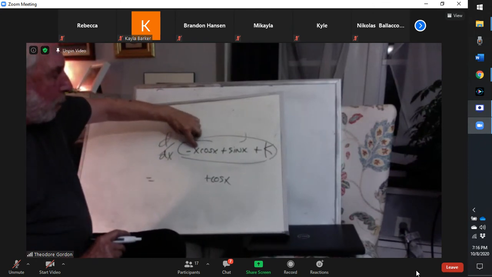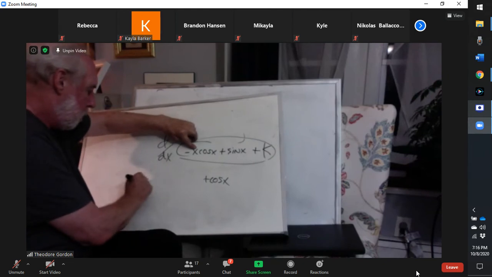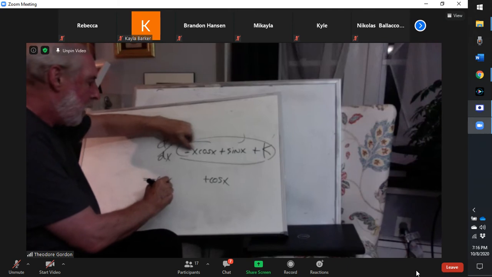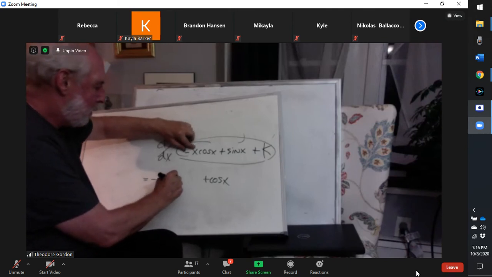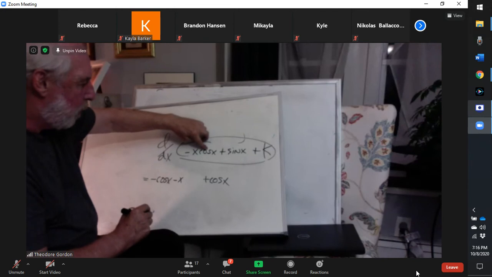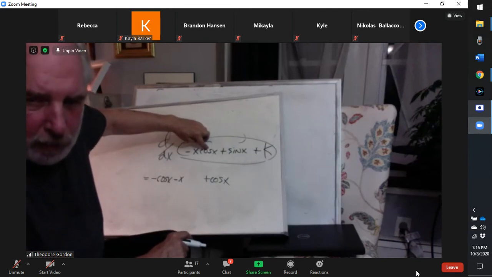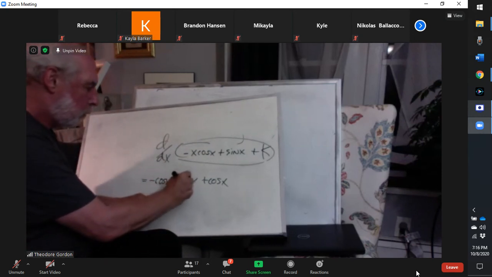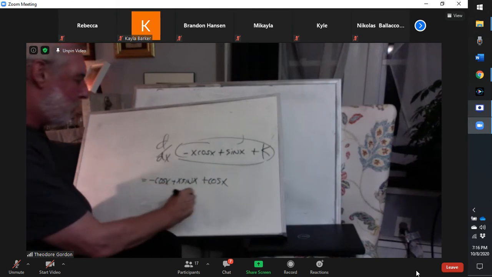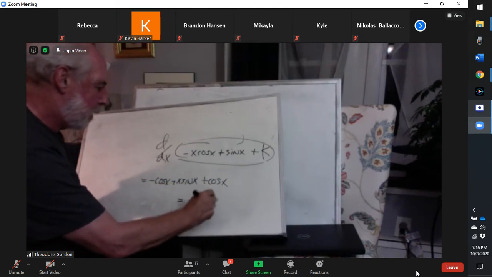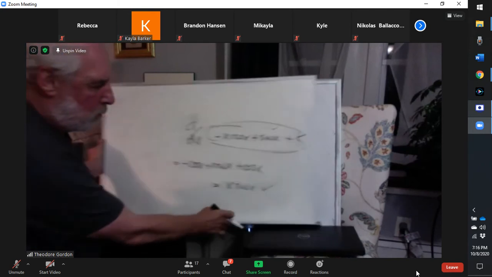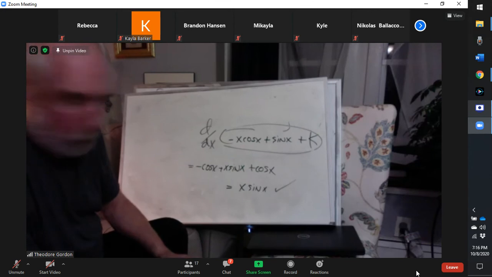So the derivative of x is 1. That leaves me with negative cosine x. And then we get negative x times the derivative of cosine. And the derivative of cosine is negative sine, which makes this positive. These two cancel out, and we're left with x sine of x, which is the thing we integrated. So it worked.